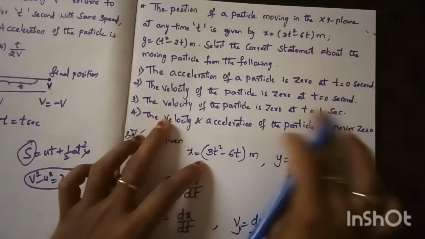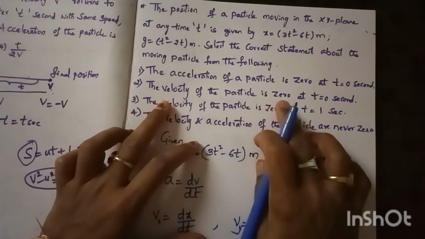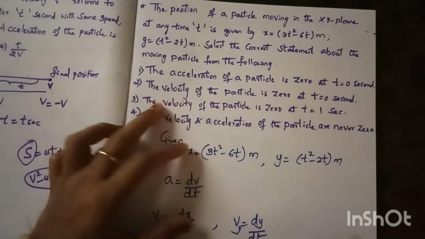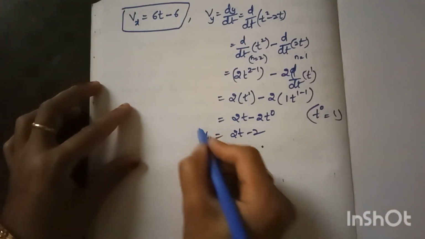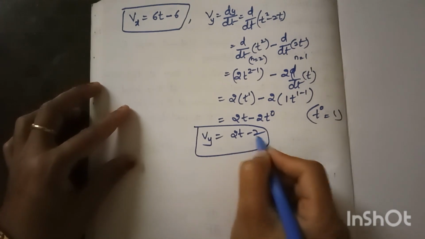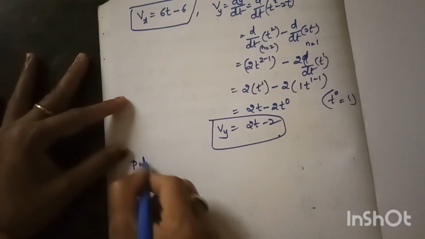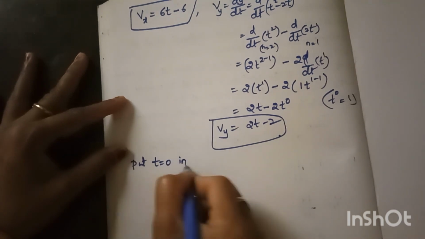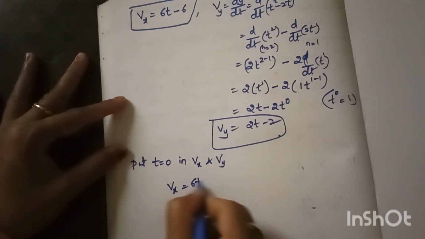Now what does the second option represent? The velocity of the particle is 0 at t equals 0 seconds. We got Vx as 6t minus 6 and Vy as 2t minus 2. Now put t equals 0 in Vx and Vy. What is Vx? 6t minus 6.